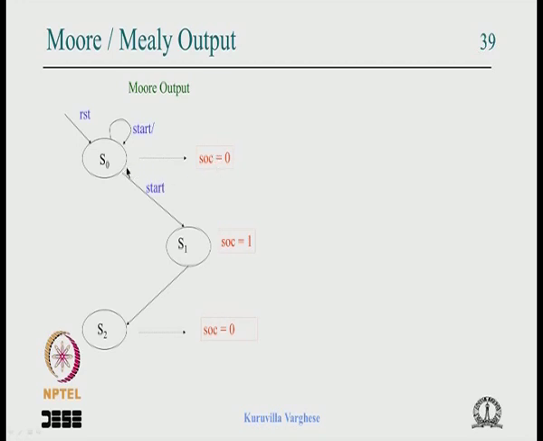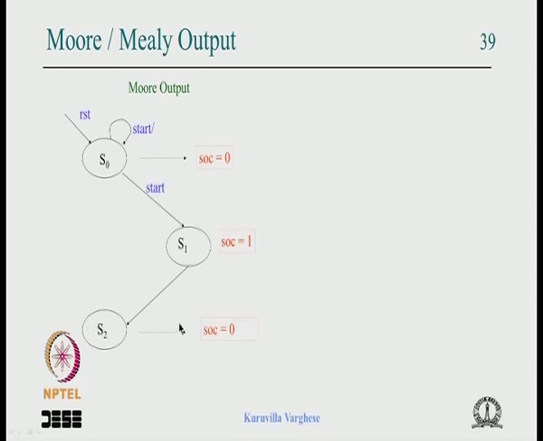When the start signal came, the controller made a transition to the next state, state 1, and I am only showing the relevant output. SOC was made 1, and it is an unconditional transition. In the next clock pulse we go to S2 and make SOC 0, and we were waiting for end of conversion here.